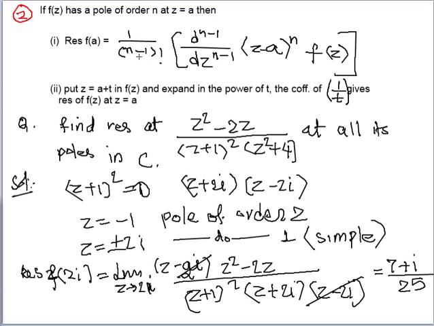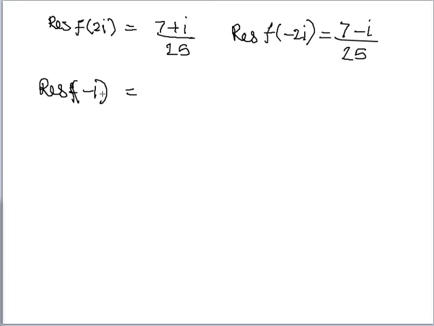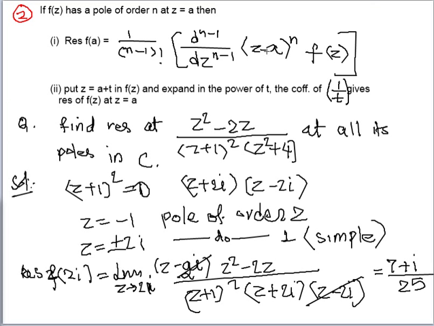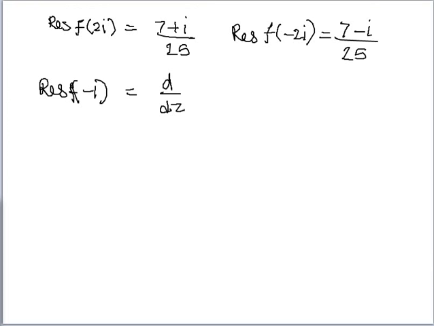So it becomes d by dz of (z minus a) to the power n times f(z). Here a is the pole, so our pole is minus 1 and the order is n, so we write z minus of minus 1, which becomes z plus 1. Clear? Then to the power of the order, which is 2, times f(z).